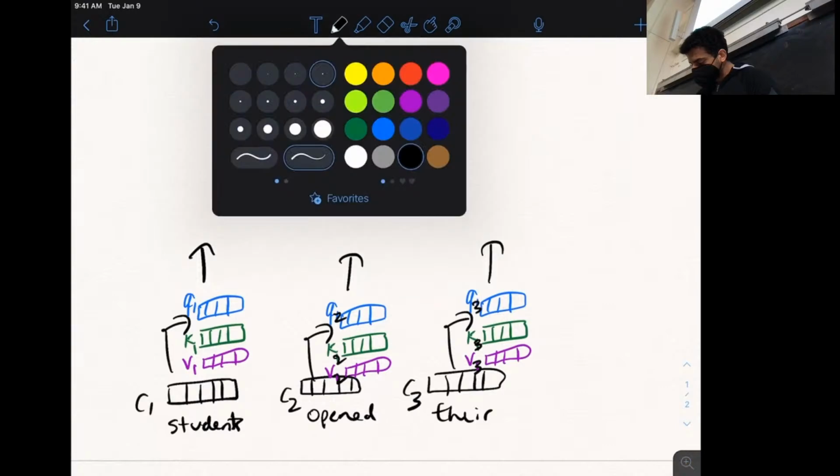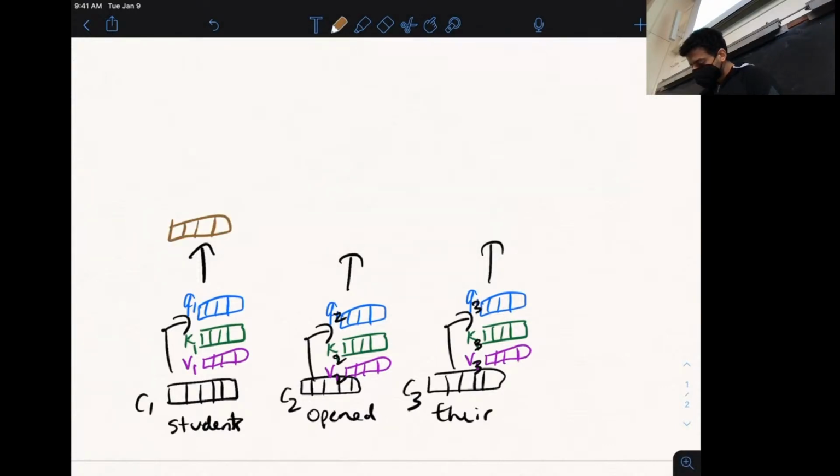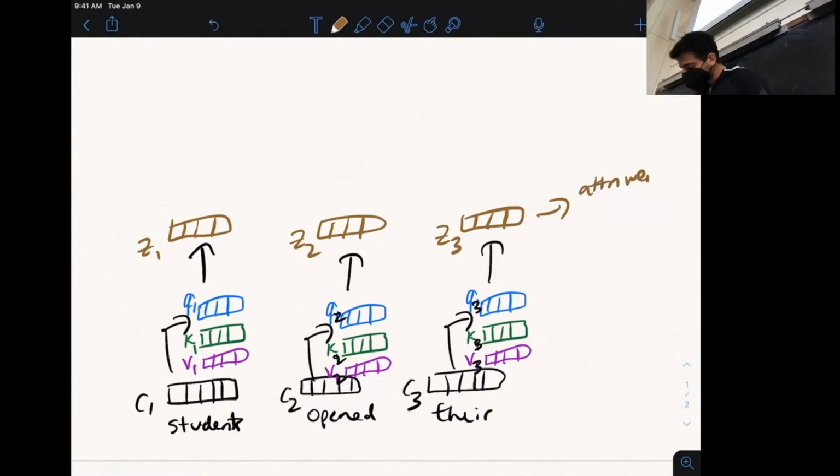Let's just say these brown vectors correspond to the attention weighted average of the value vectors. If we compute all of these in parallel using that matrix product that we saw in the last class, there's no way that the order is being encoded here. We're computing each of these representations separately of each of the other ones, right?